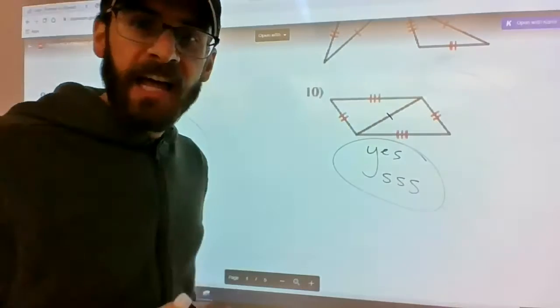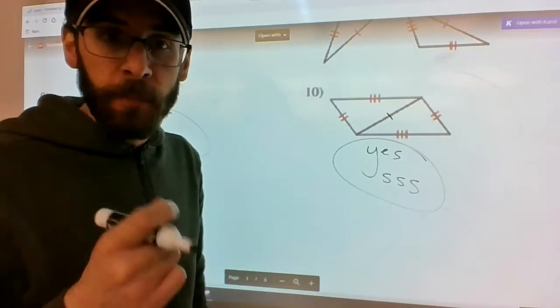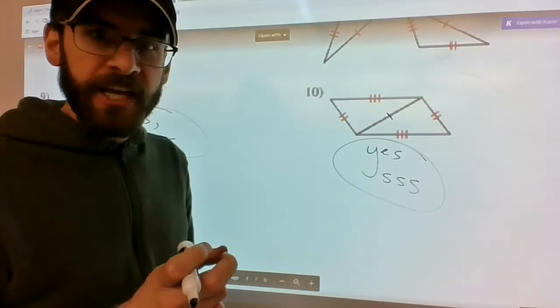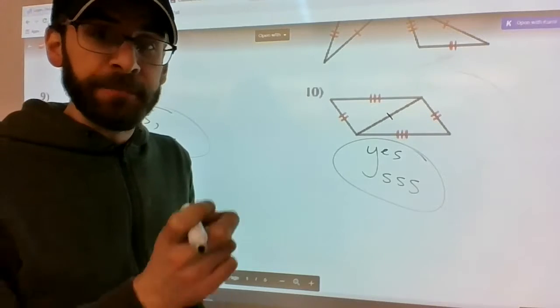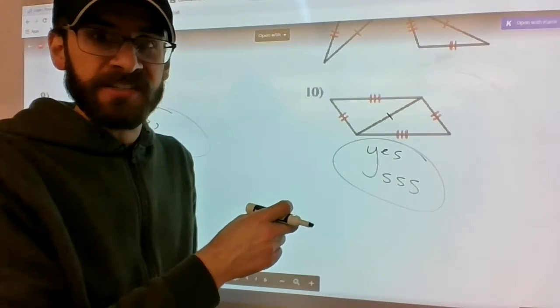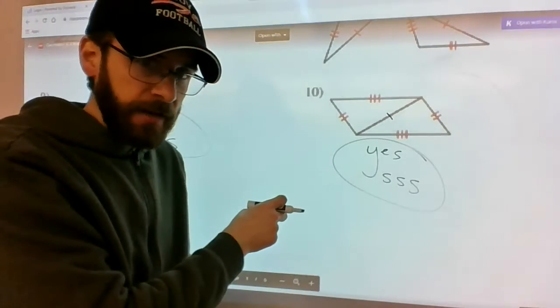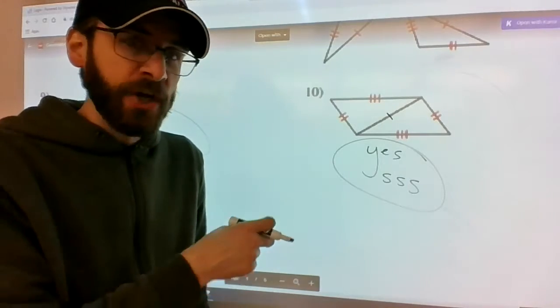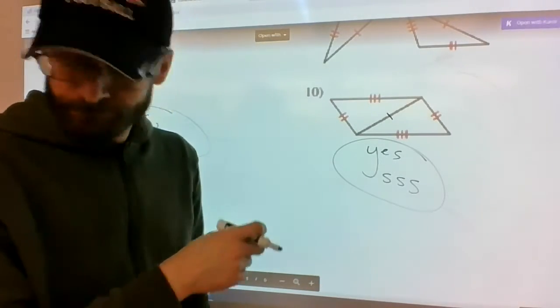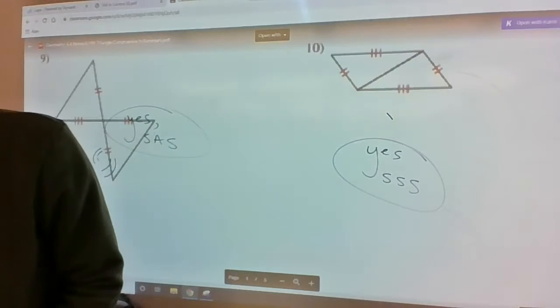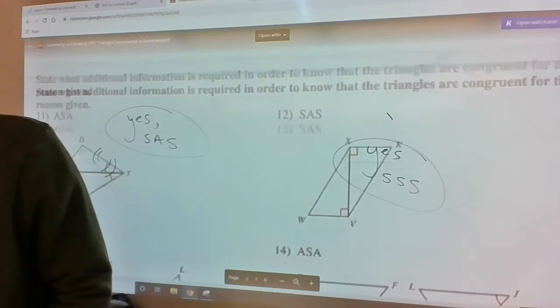Right, so hopefully the last 7 minutes of this video was super helpful for clarifying how you take 2 triangles and prove them to be congruent either using side, angle, side, angle, side, or angle, side, angle. Flipping over to the next page.